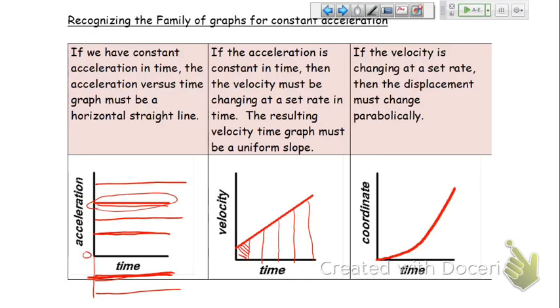So whatever my coordinate was, it's a little bit more now. And I'm adding on not an equal amount, but more displacement during this second. So it's not linearly twice as much, it's more than twice as much. And now I'm adding on even more during this third second, so it's even more of a change, and so on. So this curves upwards.